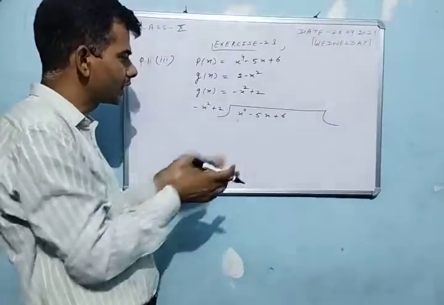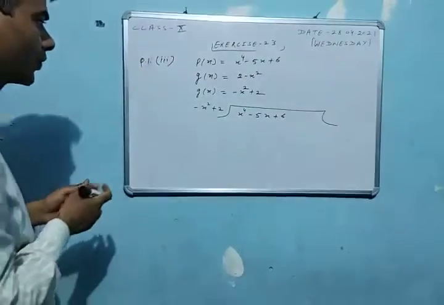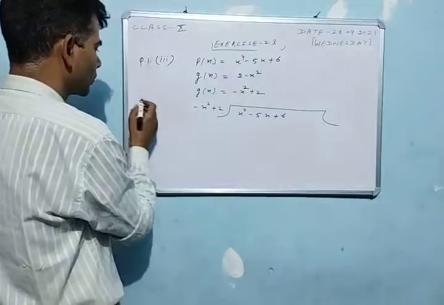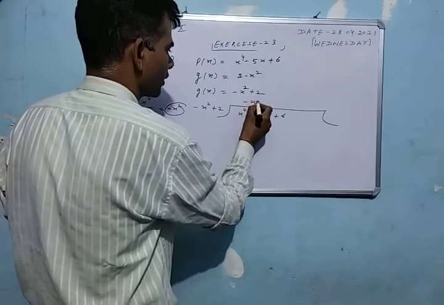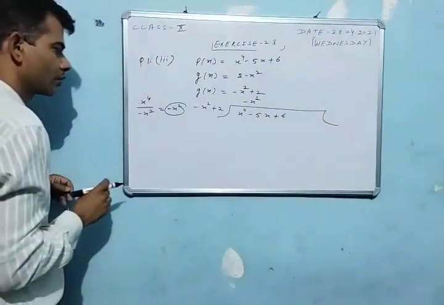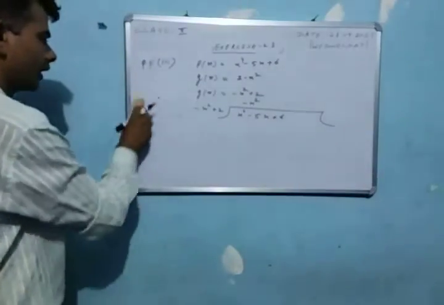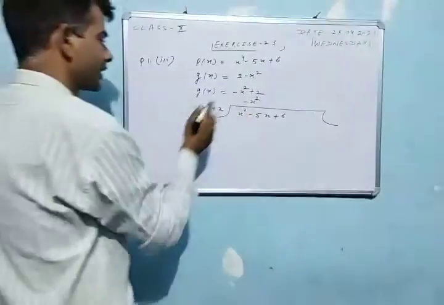Now students, minus x square, by this number minus x square is multiplied, the result will be x raised to power 4. Now x raised to power 4 divided by minus x square, the result will be minus x square. Students, minus x square plus 2 is multiplied with minus x square.